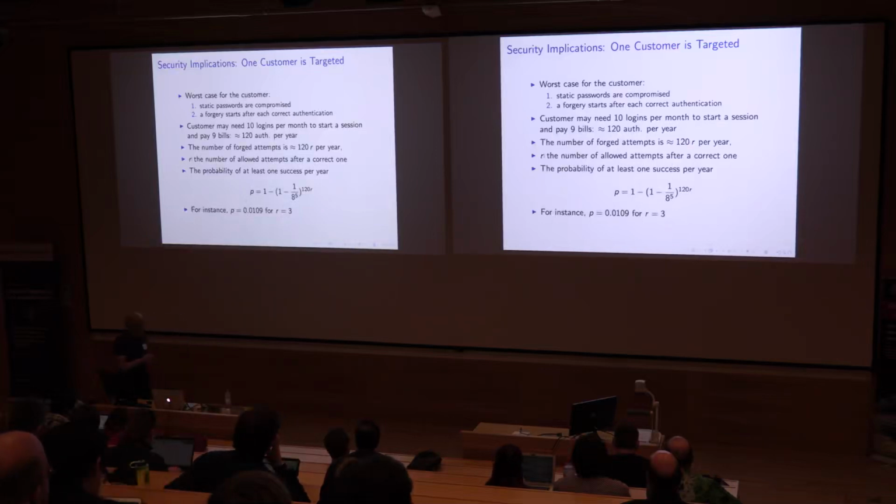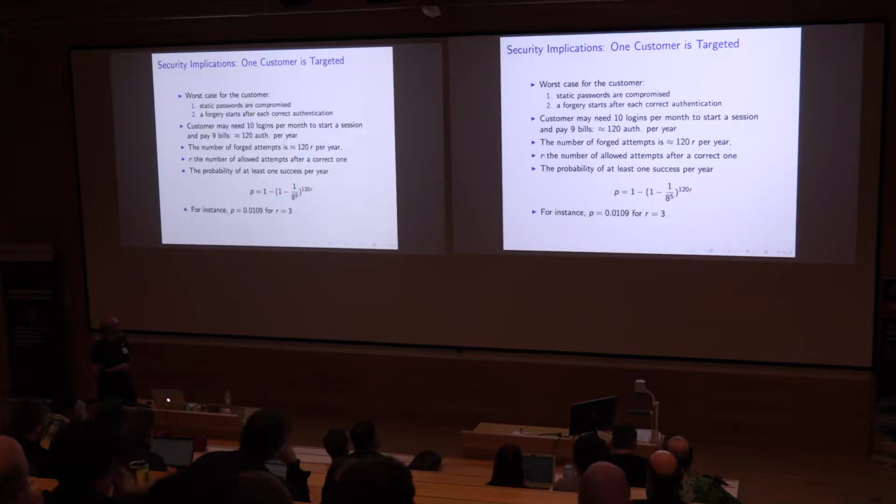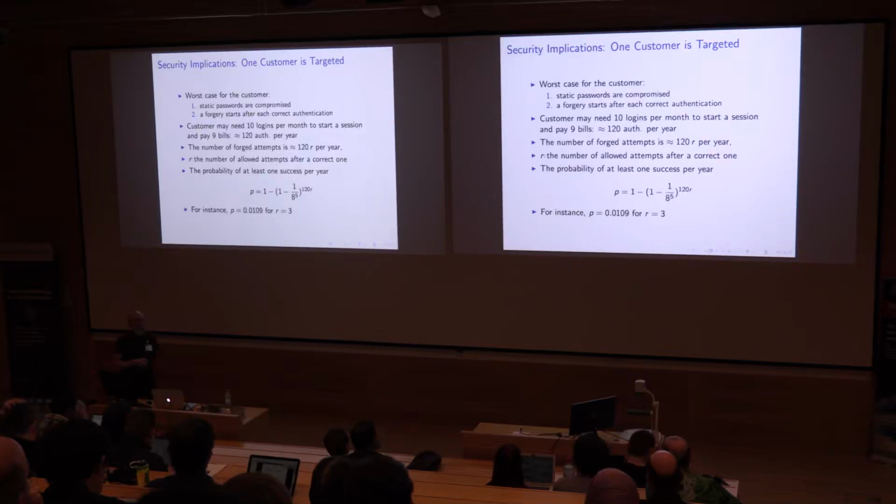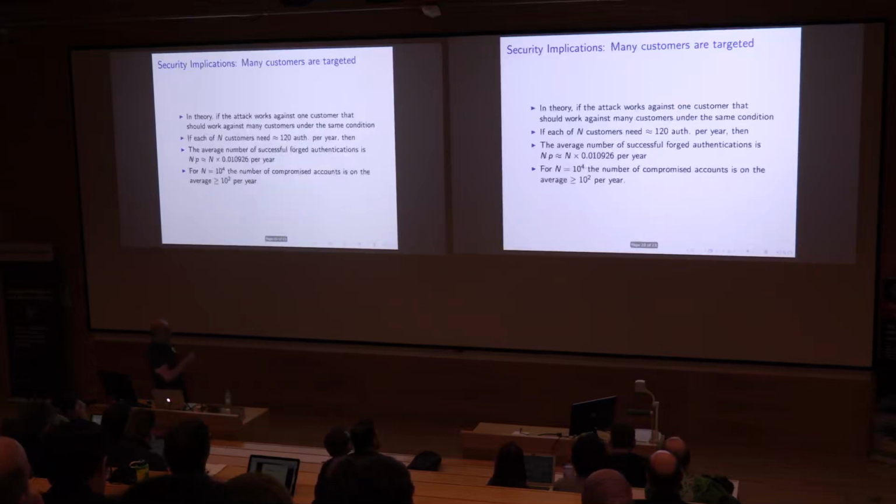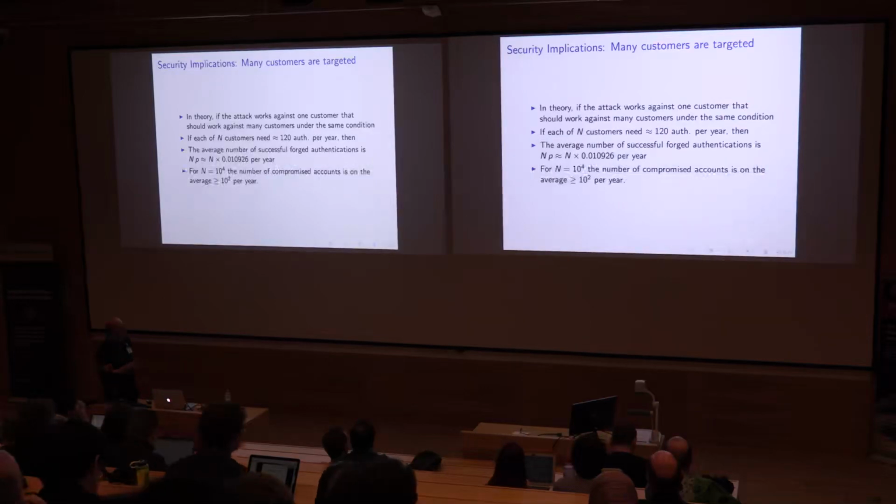Now it's very easy to compute the probability of at least 1 success per year. It's given by this formula. If you substitute R equal to 3, you get about 1% probability of success. One can say that it's not a big deal as a probability for one customer. But if it comes to several customers, in theory, if the attack works against one customer, it should work against several customers.